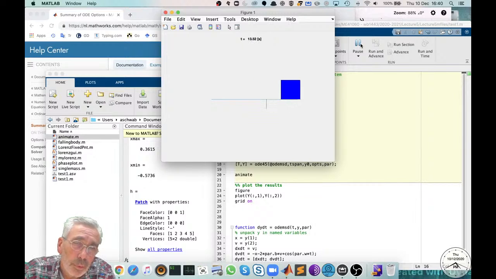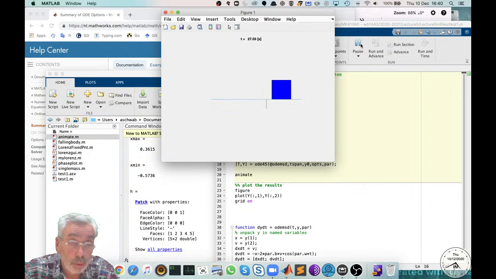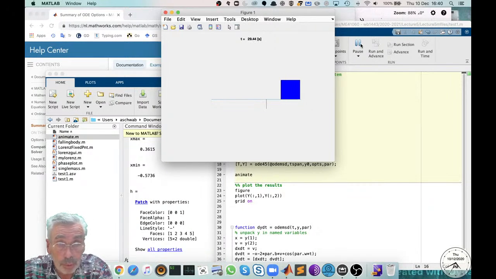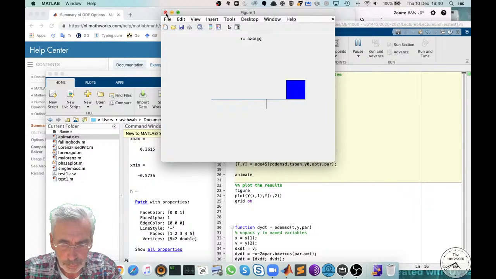Now you can imagine, of course, with this piece of code, that the next step is you say, oh, I'm going to make it like a phase plot, so that while the thing is integrating, I can show the block. And maybe I add an arrow to it, and that's the force. And maybe I draw the spring, and then it becomes longer and shorter. Well, actually, that is your homework assignment.